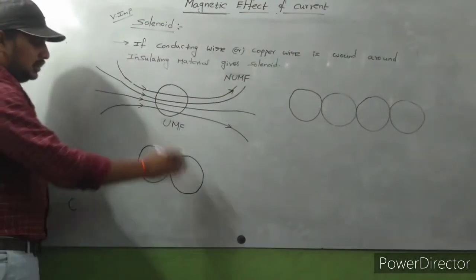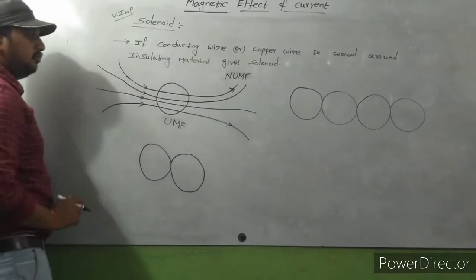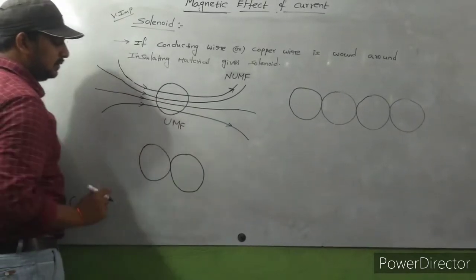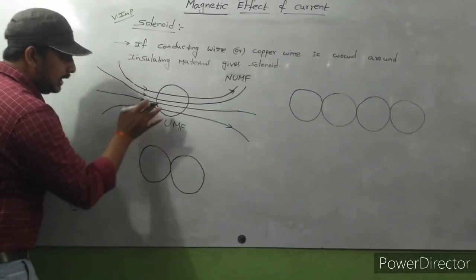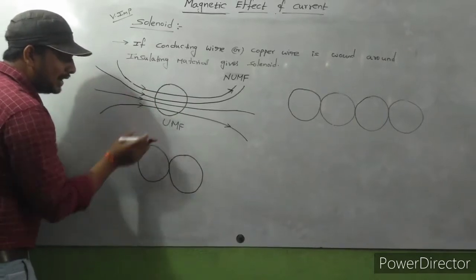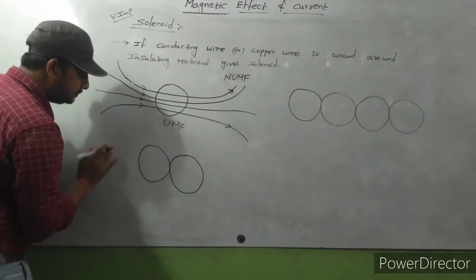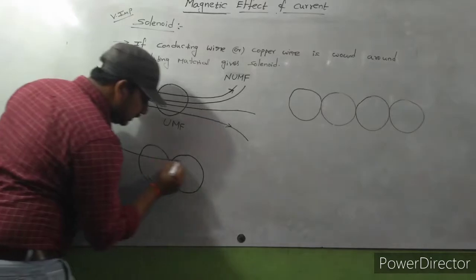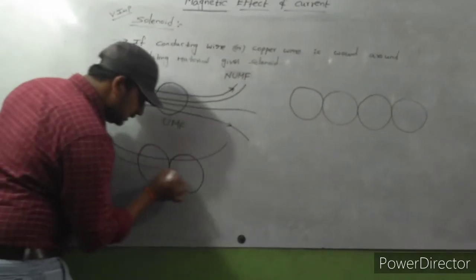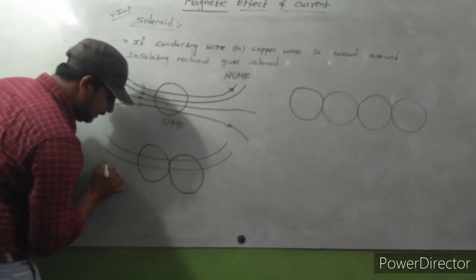So here, if I place two loops, observe carefully. Compared to here, how are the magnetic field lines? Here, this is the direction of the magnetic field lines.